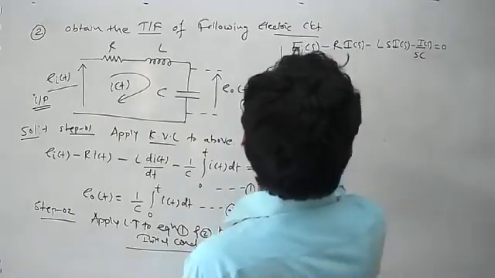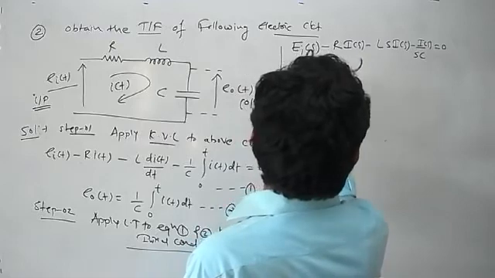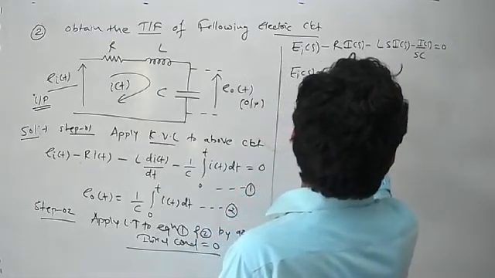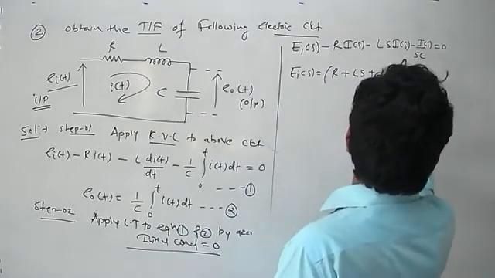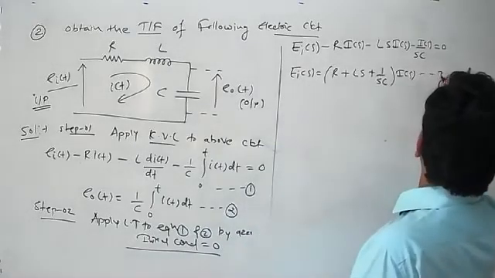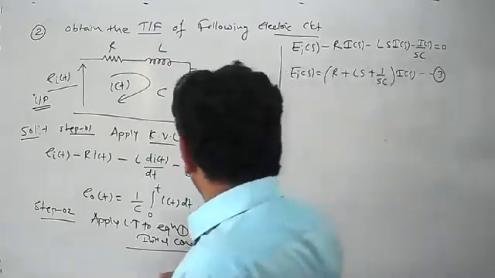Or if you rearrange the terms, we can write Ei(s) is nothing but capital R plus L into S plus 1 upon SC multiplied by I(s). Let this be equation number 3.